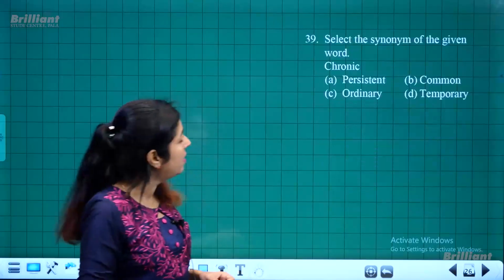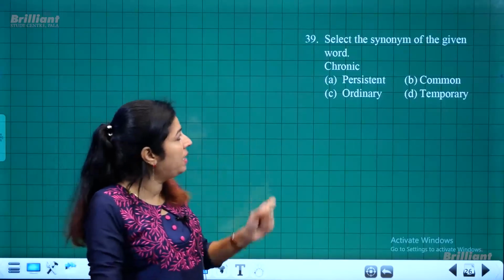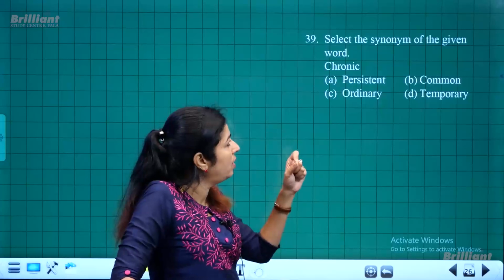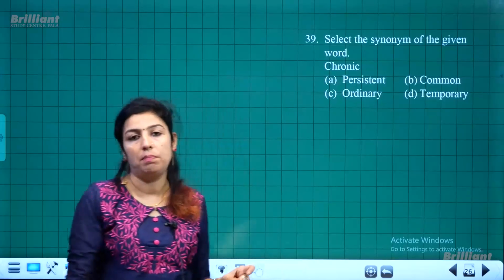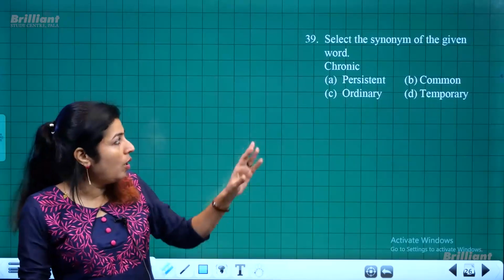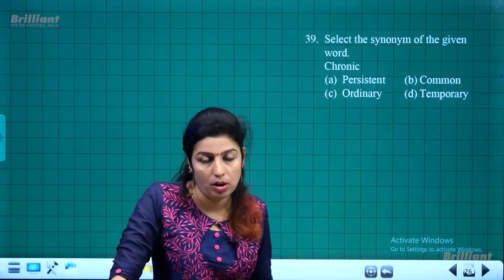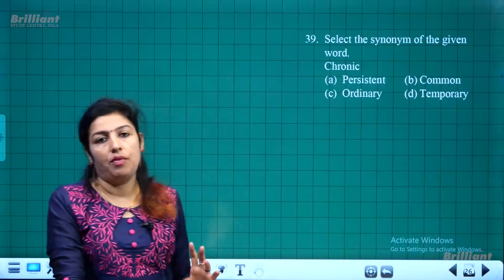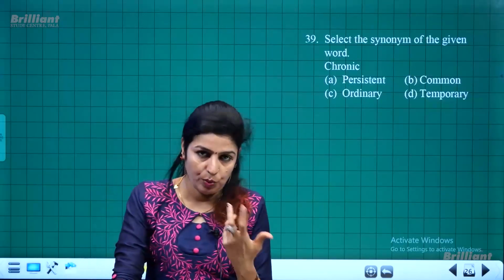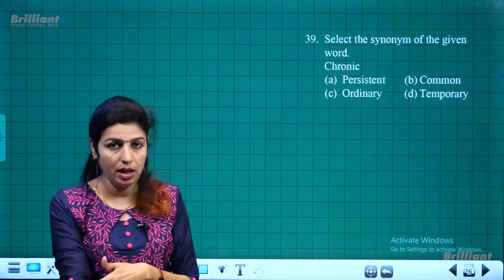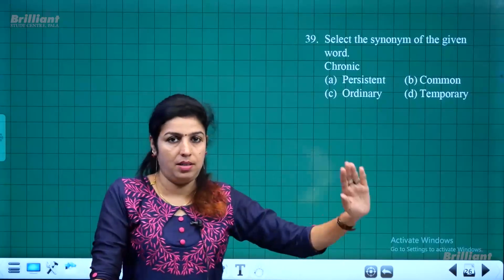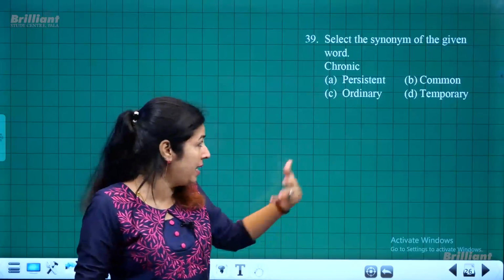Okay. Select the synonym or similar in meaning of the given word chronic. What is the meaning of the word chronic? Only if you know the meaning of the given word, you will be able to find it out. Chronic, actually, very often we use it in connection with diseases, which are persistent. I have given you the meaning indirectly.